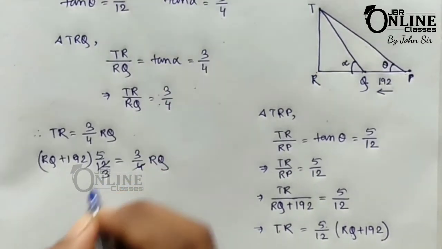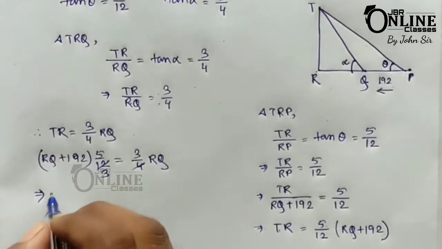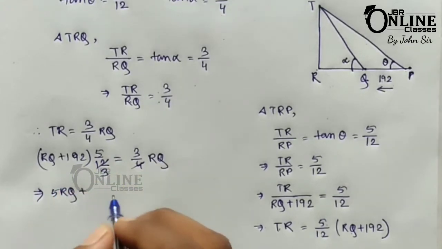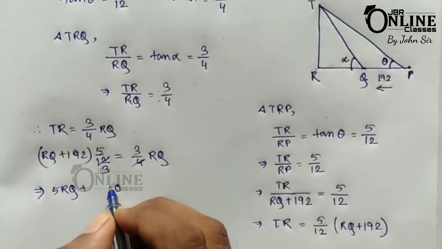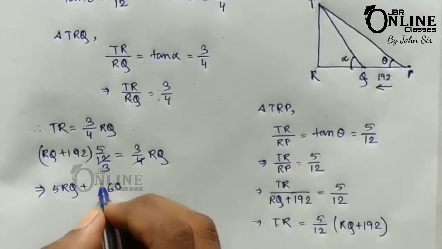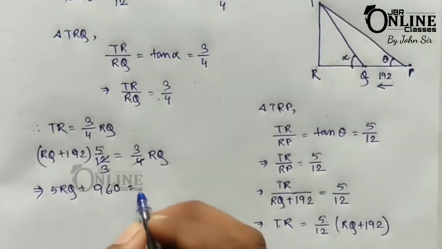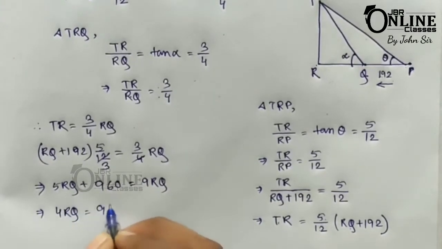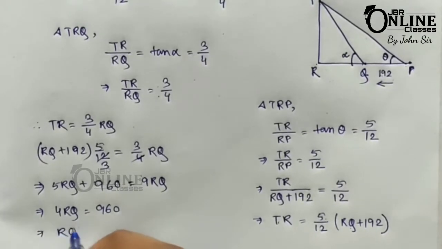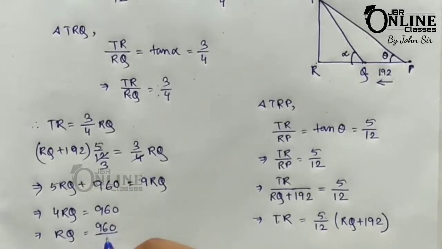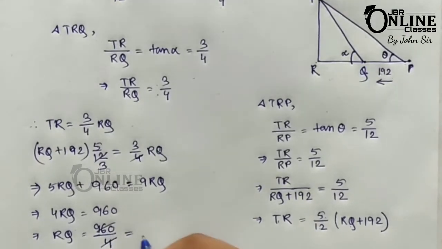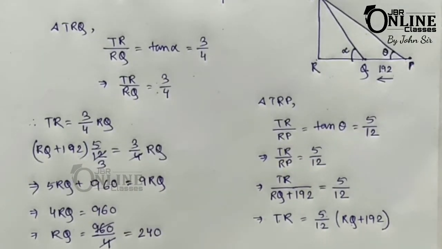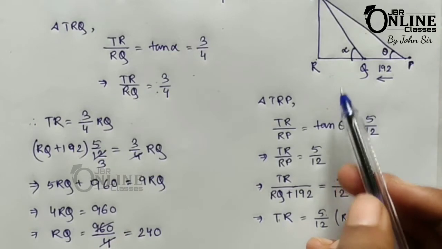So if you multiply, 5 RQ plus 5 into 192, so 960, equal to 9 RQ. As 4 RQ equal to 960, so RQ equal to 960 by 4, and that equal to 240. Okay, so here RQ equal to 240.